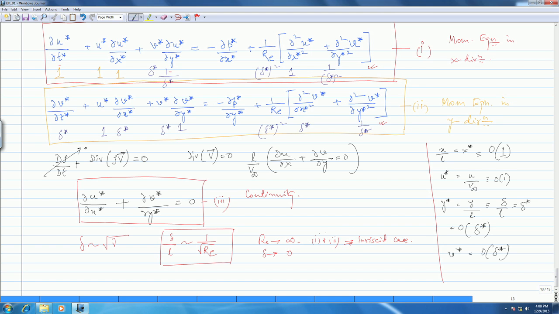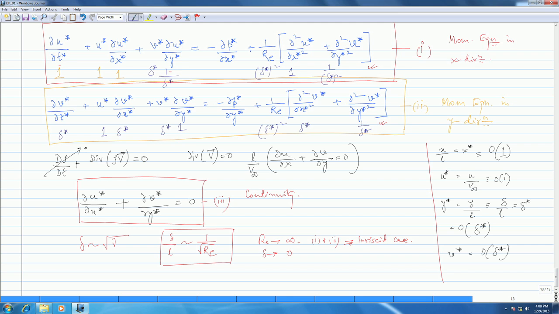Now, as the Reynolds number tends to infinity, or the Reynolds number is very large, y star is basically of the order delta star. But then delta star also becomes very small with increasing Reynolds number.